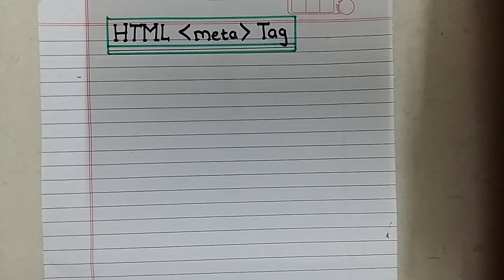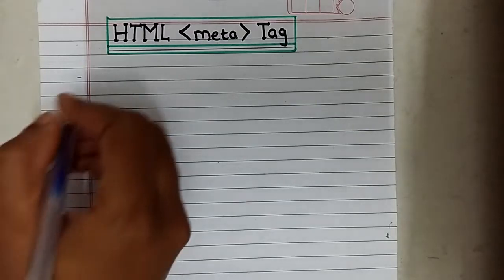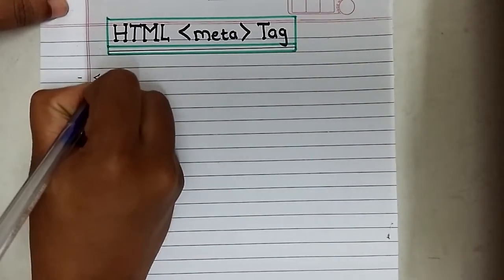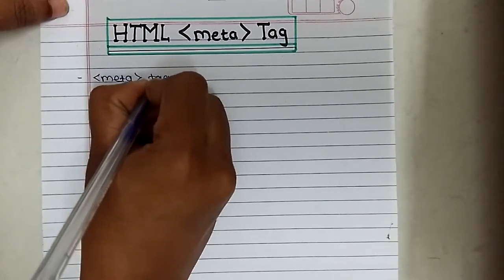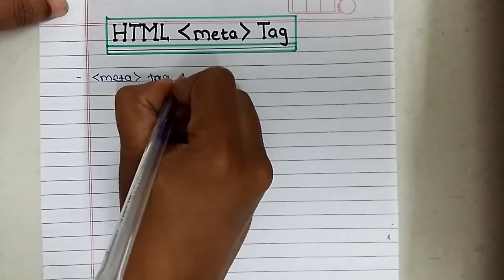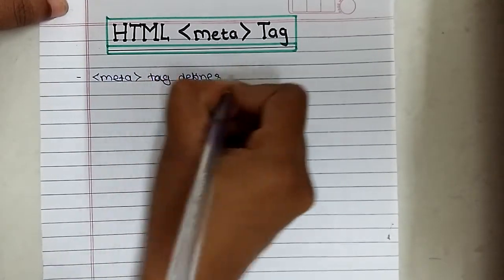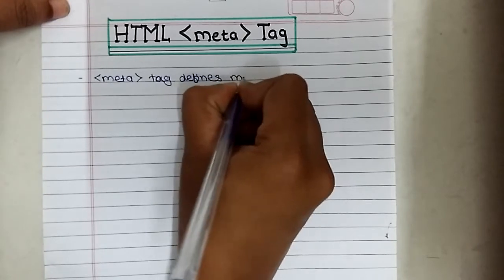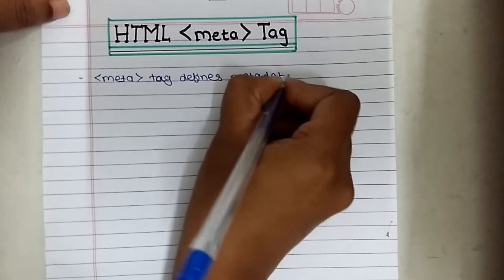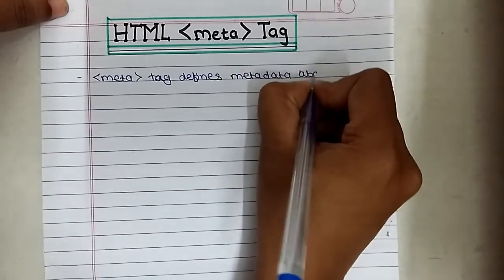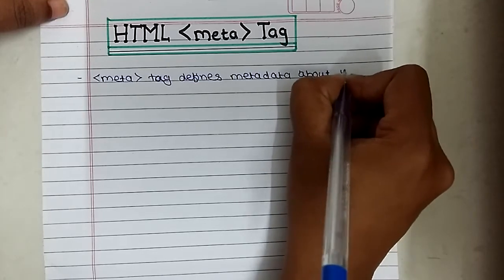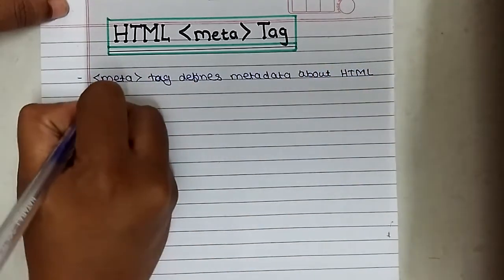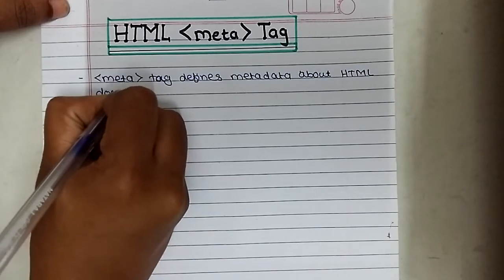What is meant by metadata? Metadata means the data about data. So the first point is: meta tag defines metadata about HTML document.